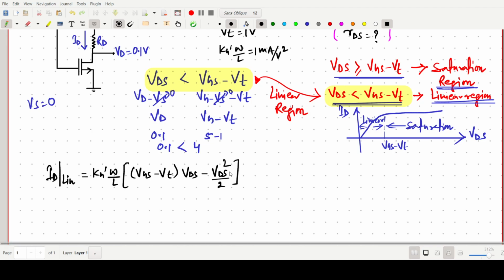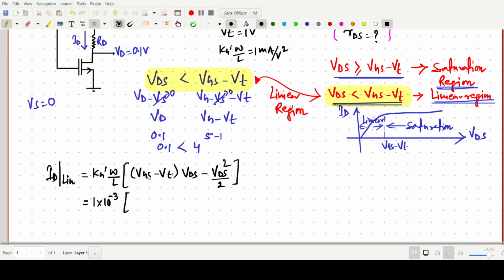Now we have to find the value of ID, the drain current, the current flowing through the RD resistor. Kn' W/L is already given, so 1 milli.